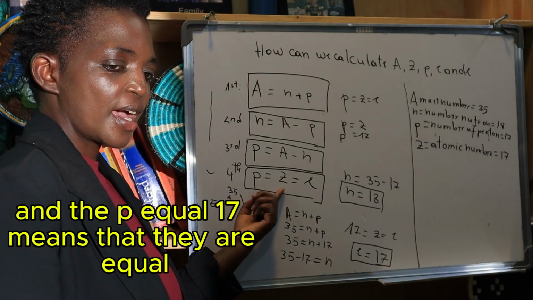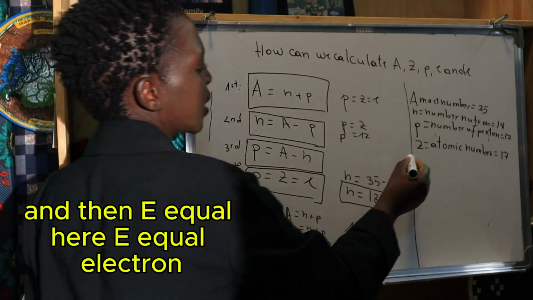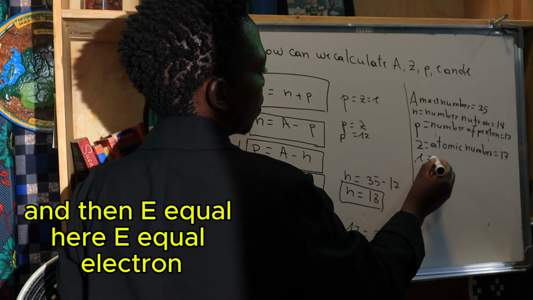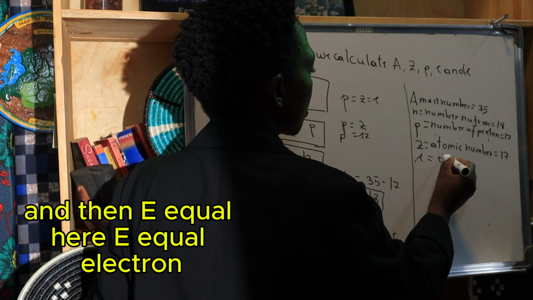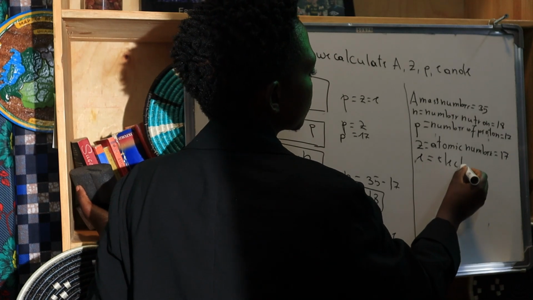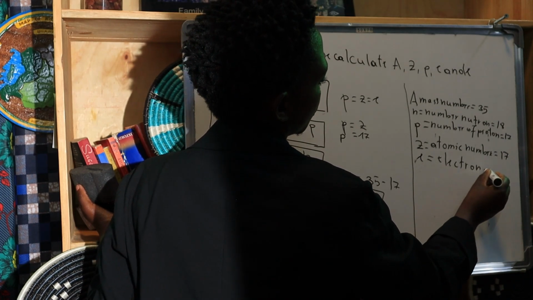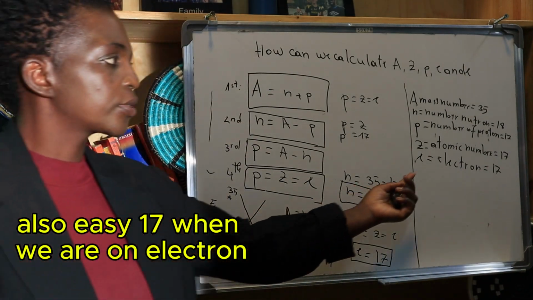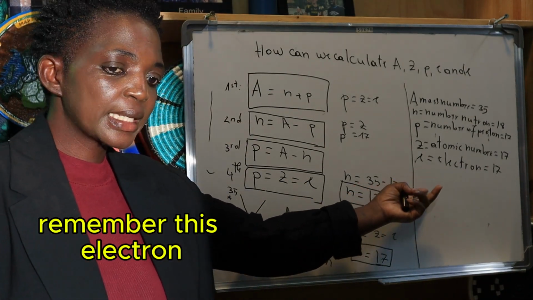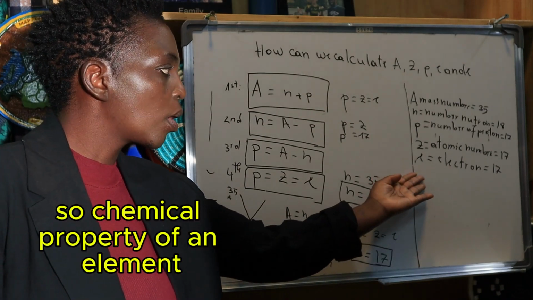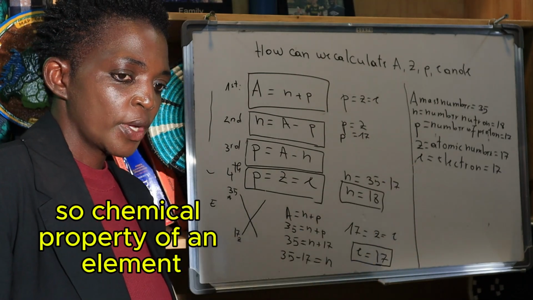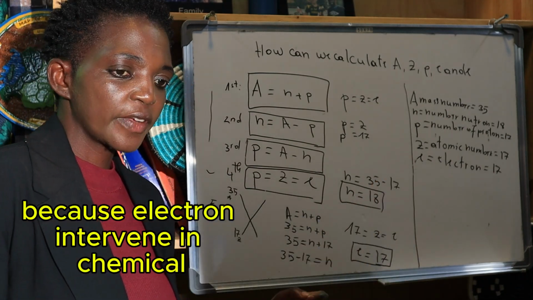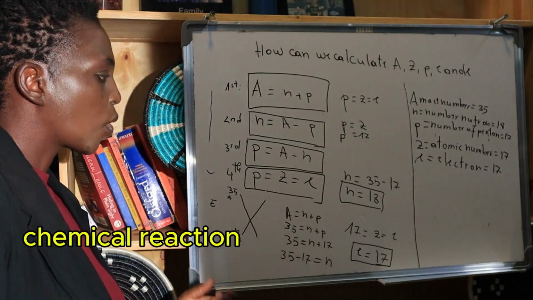So they are equal. And then E, the electron, is also 17. When we talk about the electron, remember that the electron shows the chemical property of an element because electrons intervene in chemical reactions.